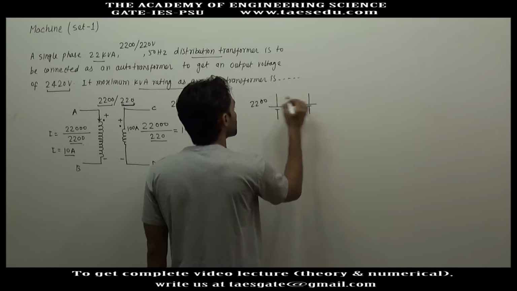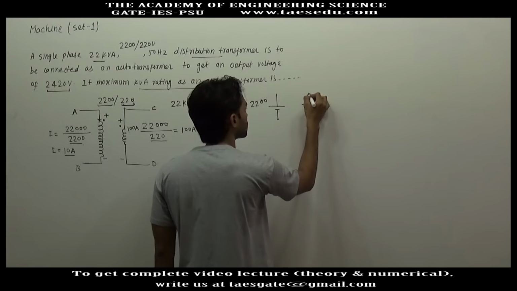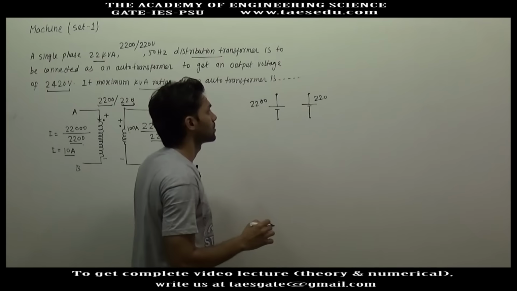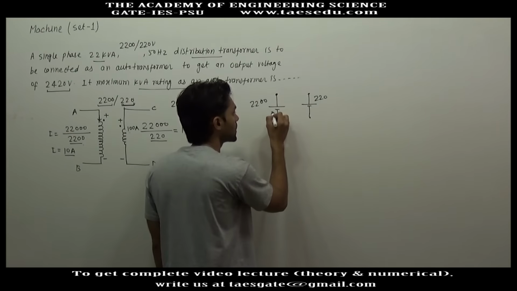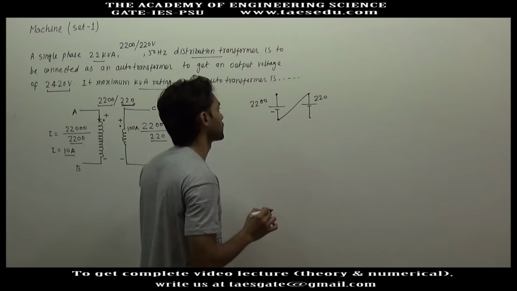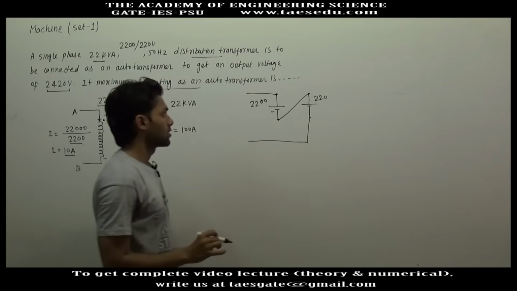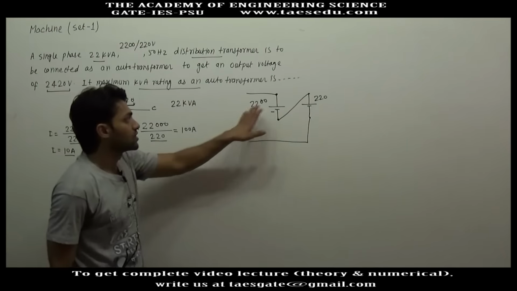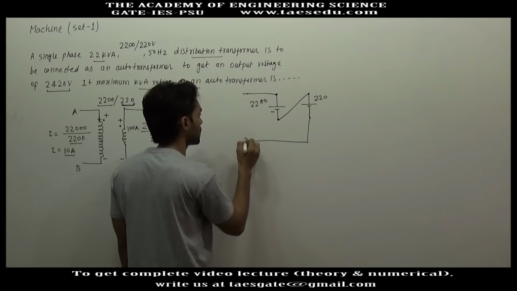This is 2200, this is 220. To get the summation, we have to connect the negative terminal of the first source to the positive terminal of the second source, and at the remaining terminals you will get a voltage which will be the summation of these two voltages. Let's say this is the output voltage.